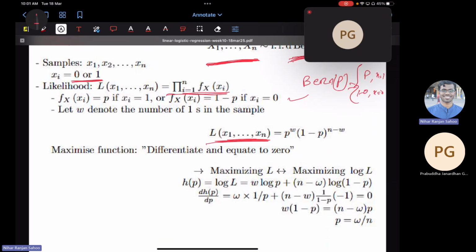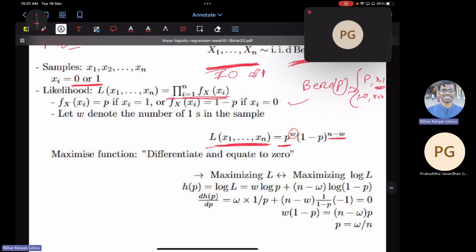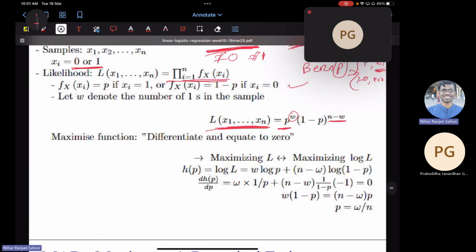We know from the given data points how many times 0 occurred and how many times 1 occurred, right? So we'll use these frequency values to get this likelihood. We know what this p-value is for x being 1, it occurred w times, and the overall experiment was done n times, then it is n minus w times 1 minus p, right? So this we know from the distribution functions.